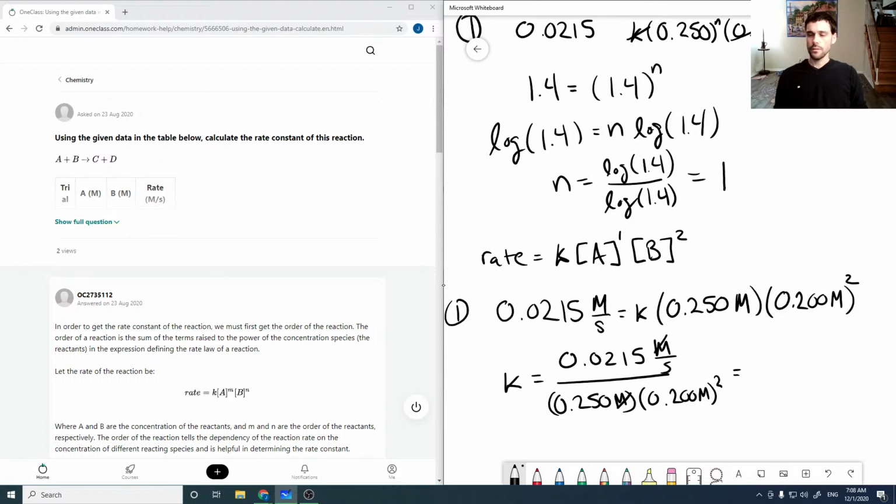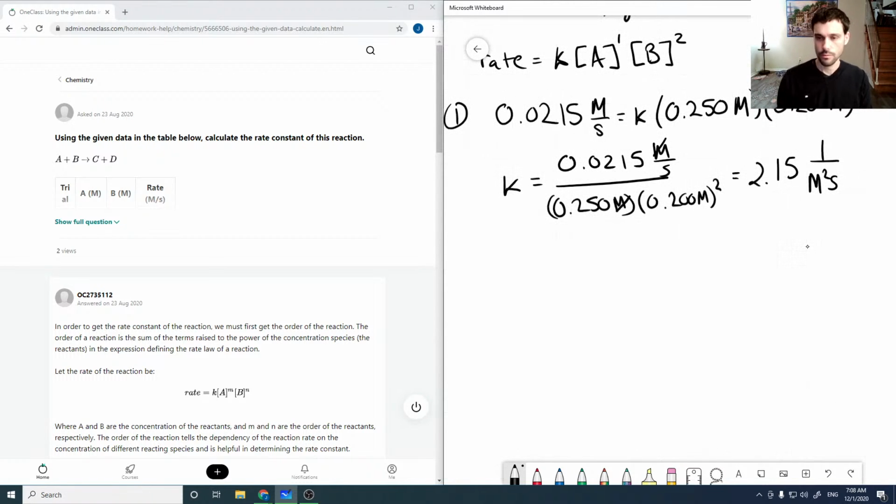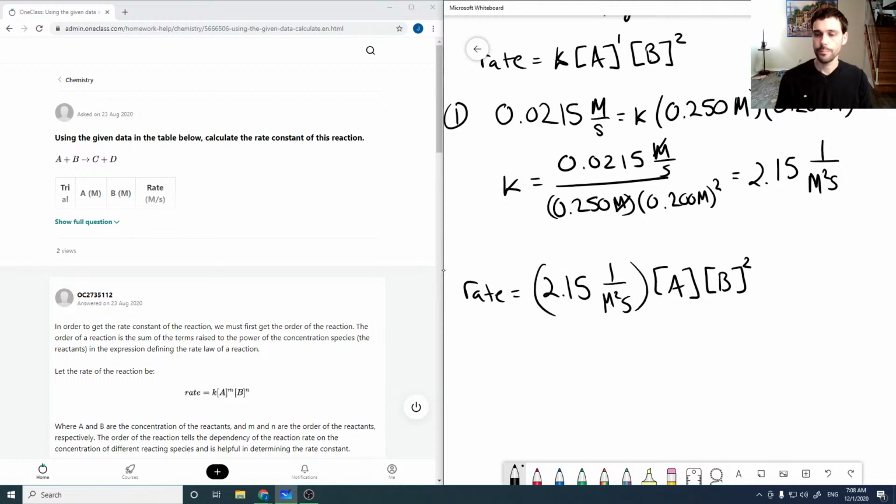So doing this division, not forgetting the square there, we get 2.15, 1 over molar squared seconds. And so there's our K. And so now we've got our full rate expression. So the rate is 2.15, 1 over molar squared second, concentration of A, concentration of B squared. And that's our full rate expression.